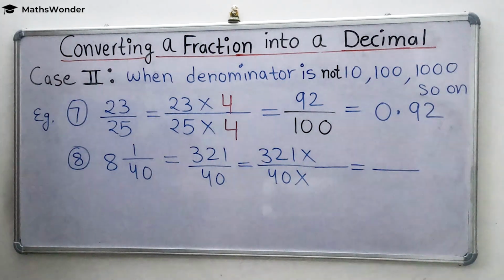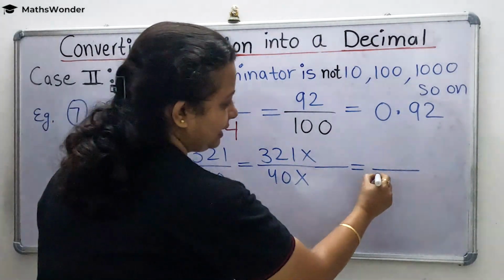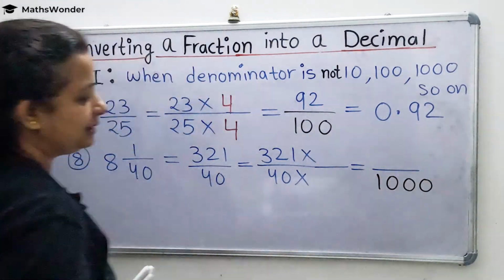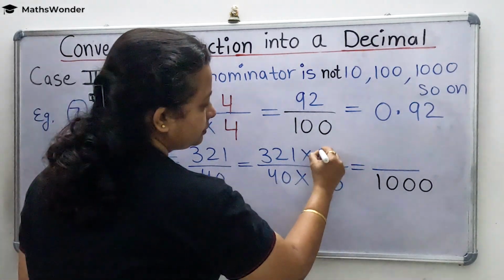No, it's not. Then 1000. 100 is not possible, it will not give a perfect number, it will give decimals. So we'll go for 1000. Now, 40 times what will give 1000? Definitely 25.